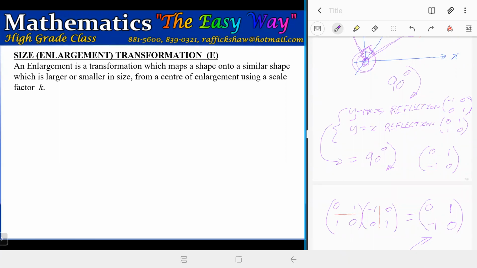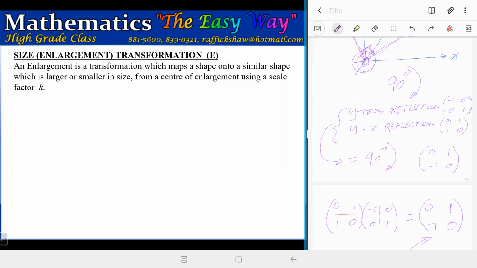The scale factor is just like a multiple factor. It tells how much larger the thing becomes. If the scale factor is 2, the object is twice as large. If the scale factor is a half, it reduces in size and becomes half the size.